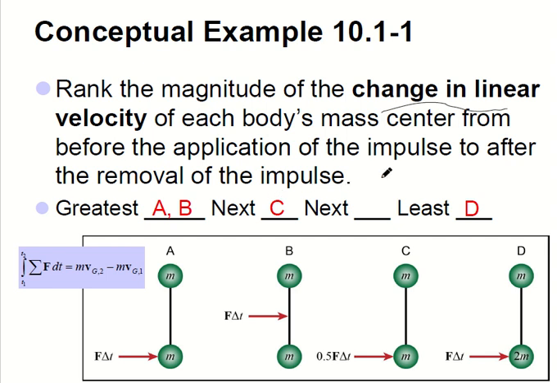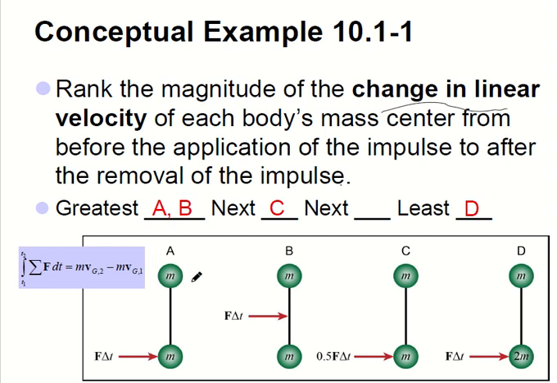So anyway, we're looking at the change in linear velocity. In order to calculate that, you have to come up with the impulse-momentum principle, which we have all just learned, and you can use this equation, of course.